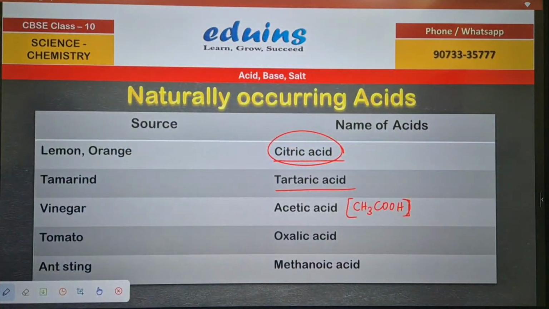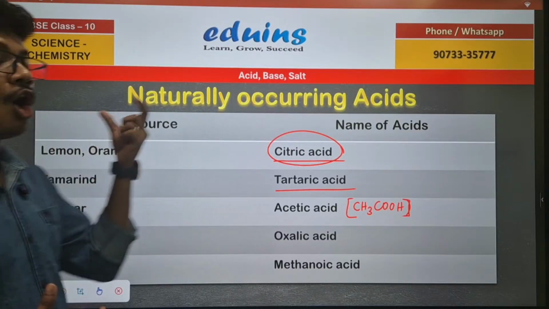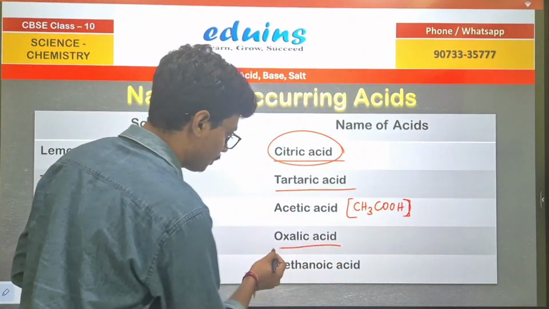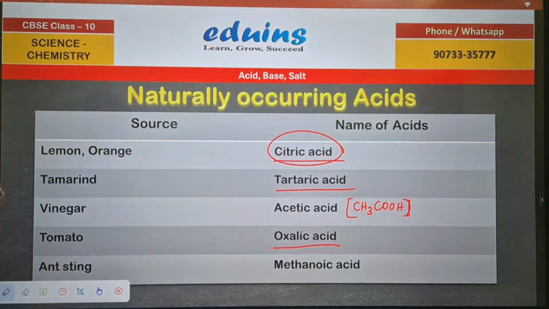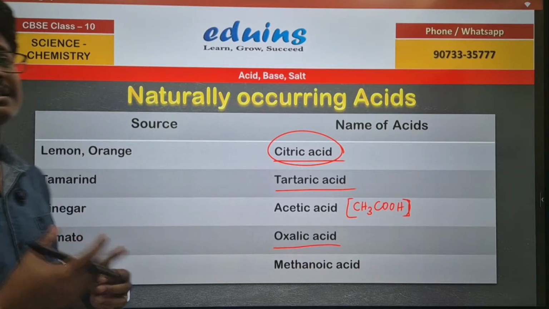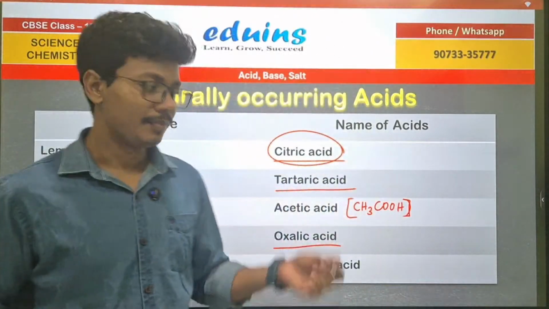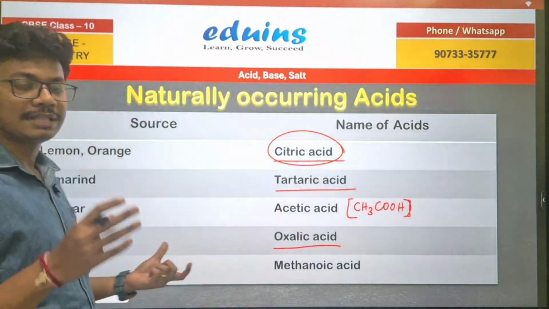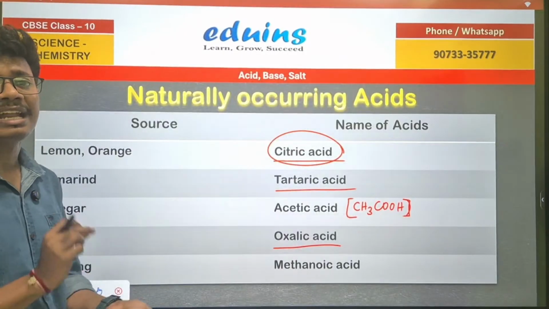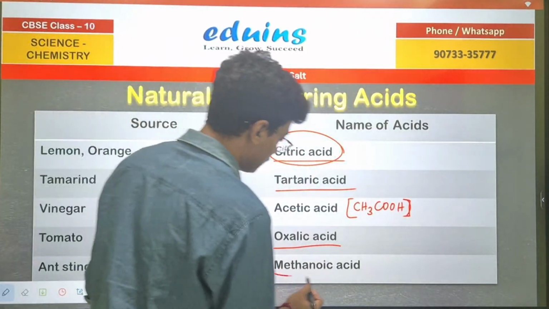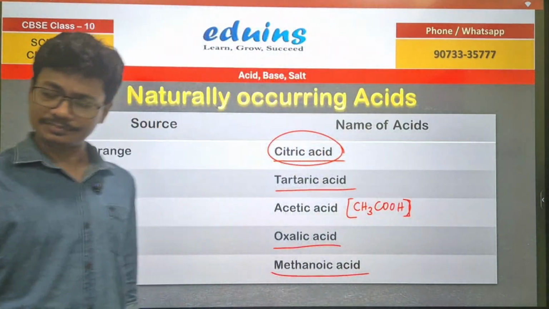Now talk about the next one that is very common, tomato. Tomato contains oxalic acid. And the last one is the ant sting or beetle sting, the wasp when it bites us. There is also an acid which irritates our skin, that is methanoic acid.